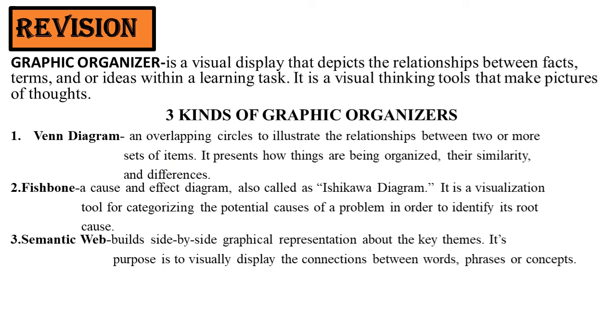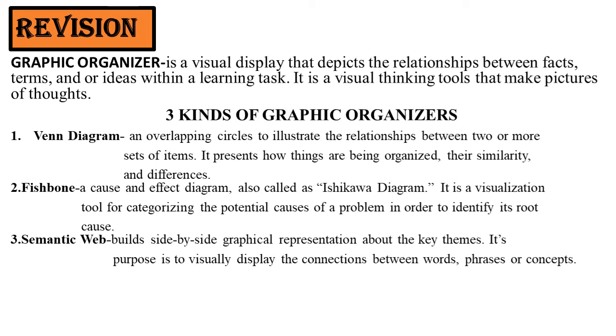And before we end our lesson for today, let us review what we have discussed. Always remember, a graphic organizer is a visual display that depicts the relationships between facts, terms, and/or ideas within a learning task. And it is a visual thinking tool that makes pictures of thoughts.